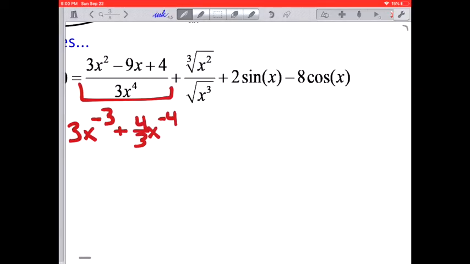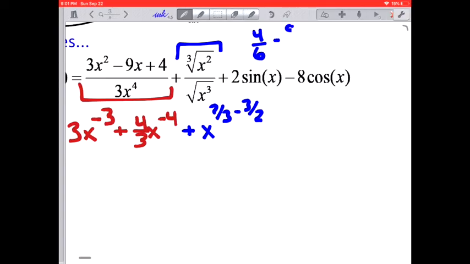I go to the next term, and this is really x to the 2/3 minus 3/2, which I will simplify by converting it to 6ths: 4/6 minus 9/6, which gives me -5/6.